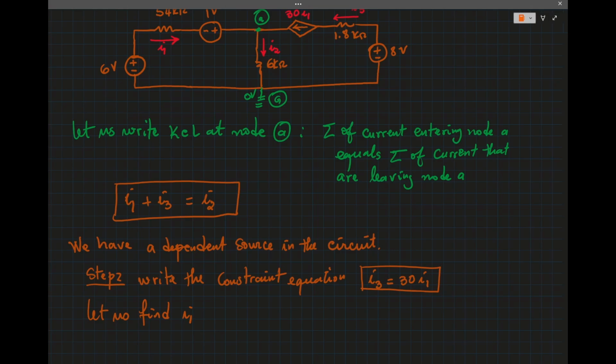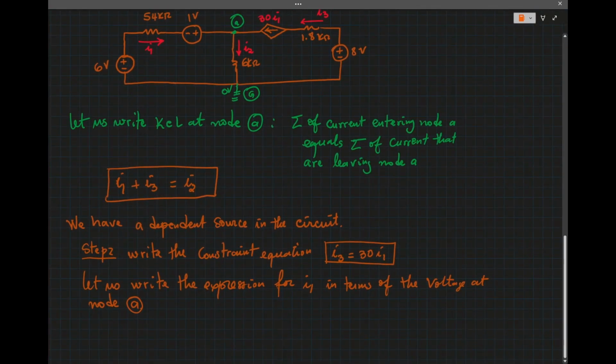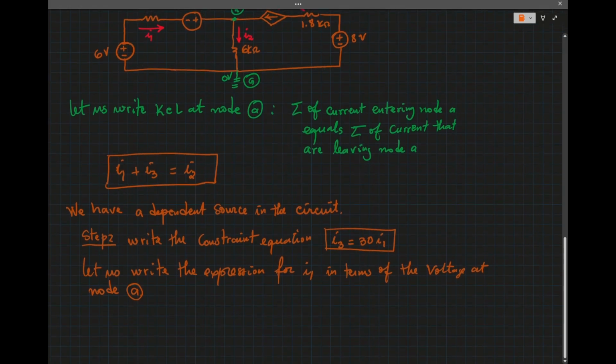Let's just write the expression for I1 in terms of the voltage at node A. So let's write that branch.